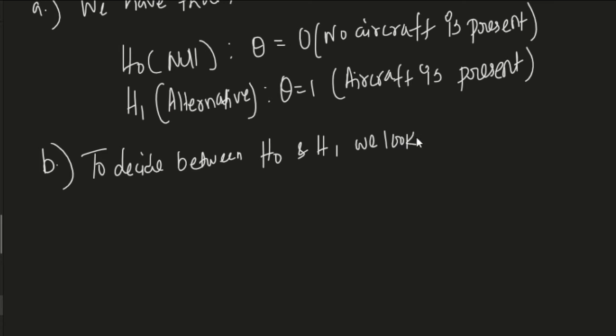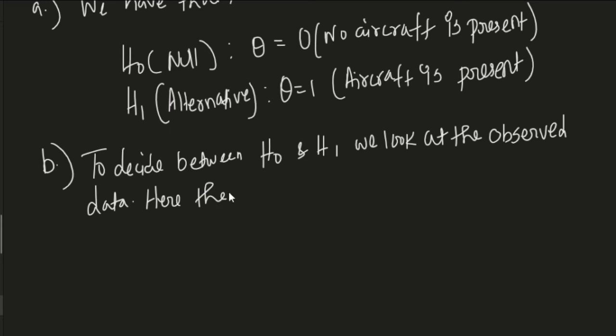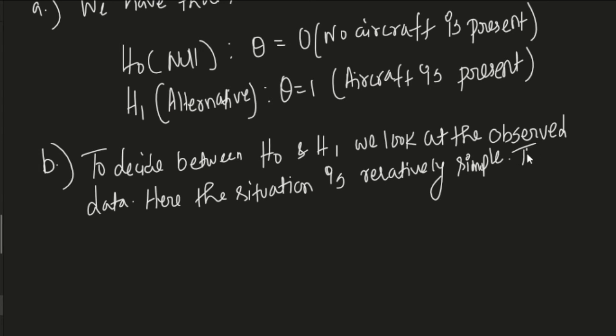To decide between H0 and H1, we look at the observed data. The observed data is just the random variable x, right?